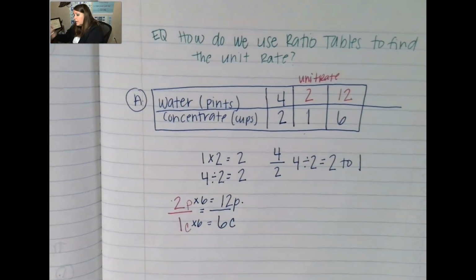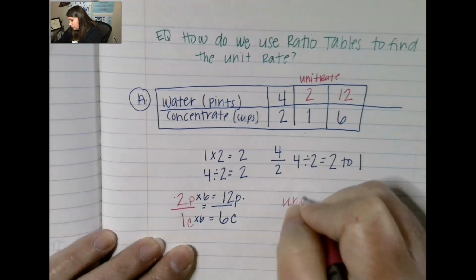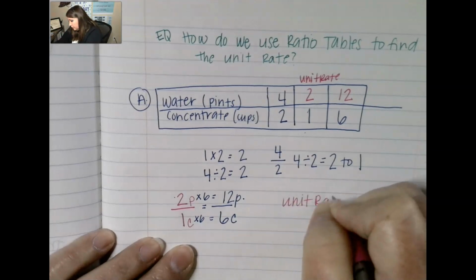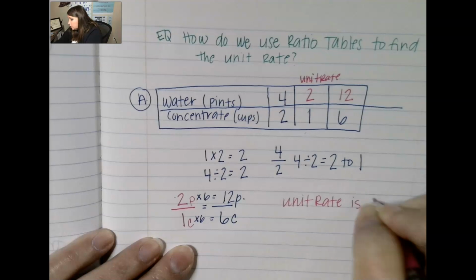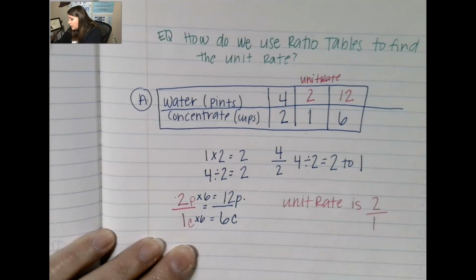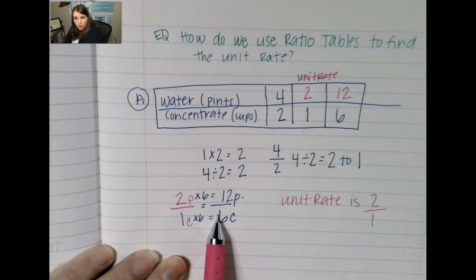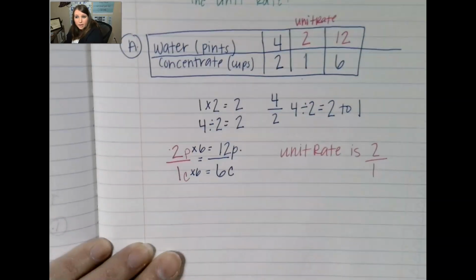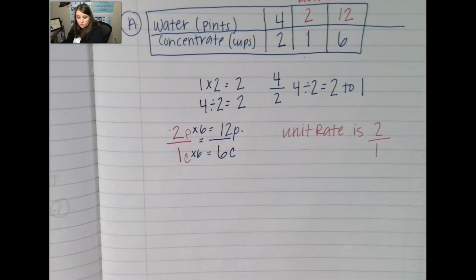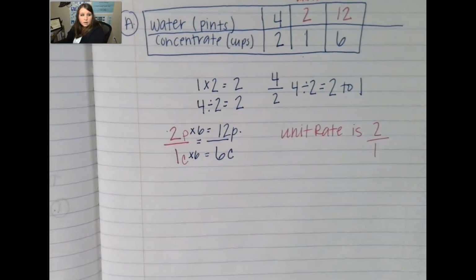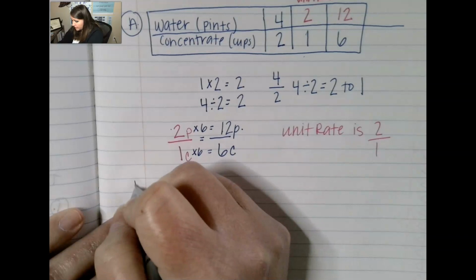So my unit rate is 2 to 1, and I can use this unit rate to solve problems that move forward or have other numbers in the table. Okay, let's do another example.